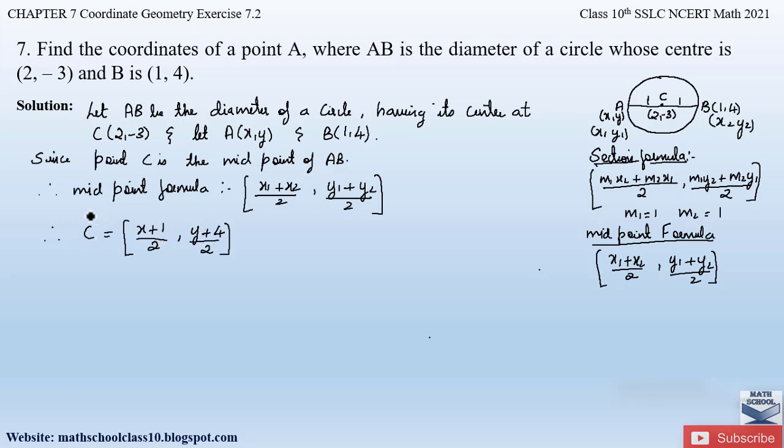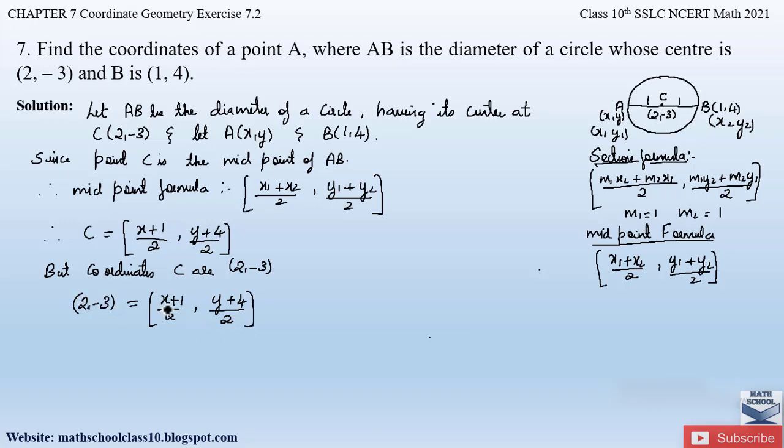But the coordinates of the point C are given here, that is nothing but (2, -3). So the coordinates of point C, (2, -3), are equal to ((x plus 1) by 2, (y plus 4) divided by 2).